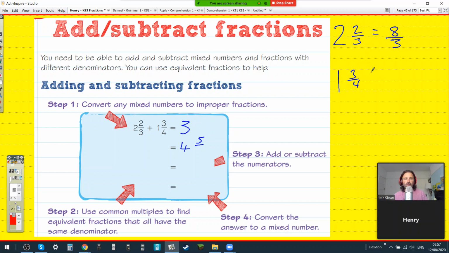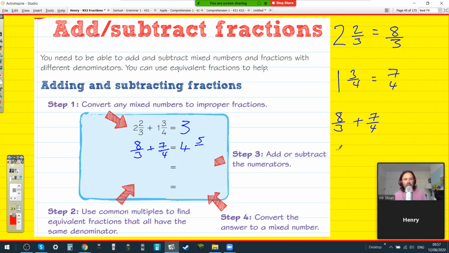And then 1 and 3/4 would turn into 7/4. And so you just add the two fractions, 8/3 plus 7/4.